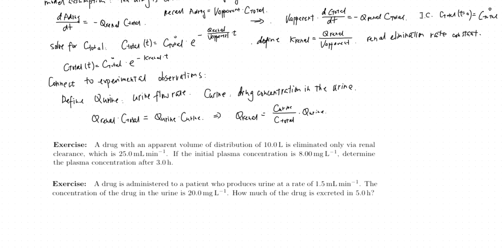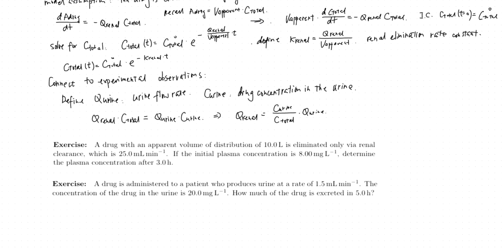So the second problem is very practical, almost like a clinical setting. If a person creates urine at this rate, and after measuring the concentration of the drug in the urine, we can ask how much of the drug is excreted after 5 hours.